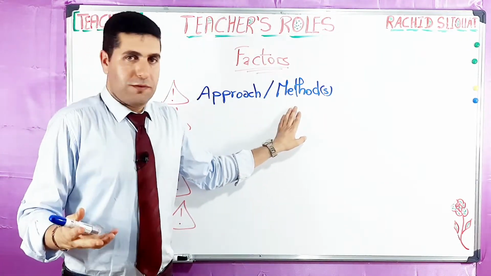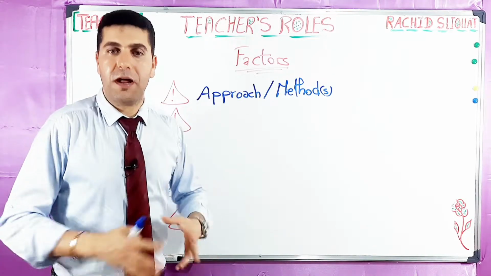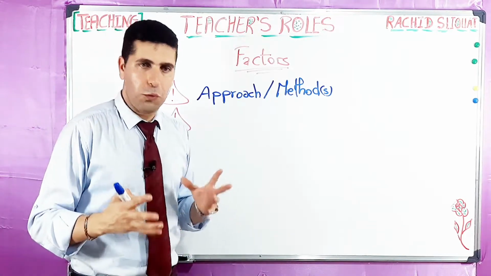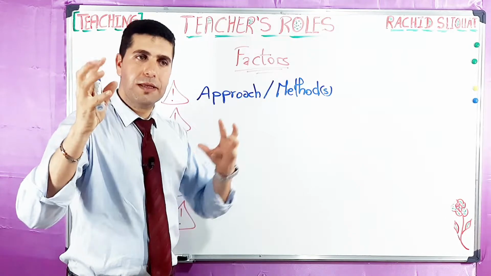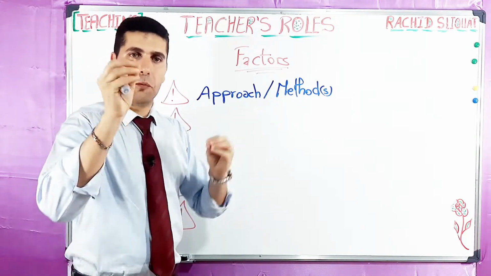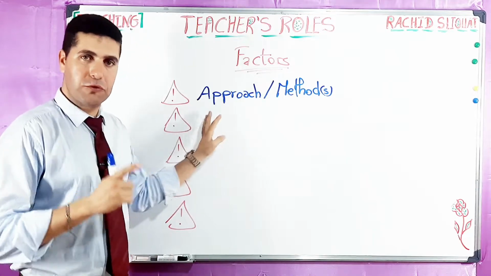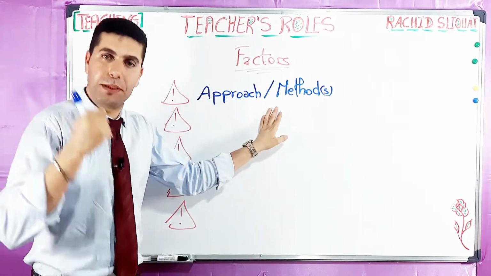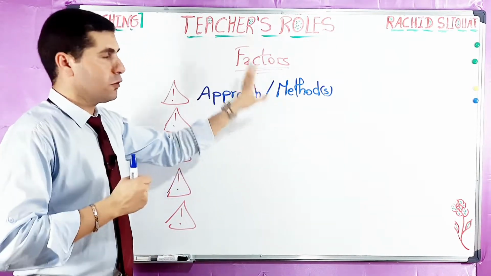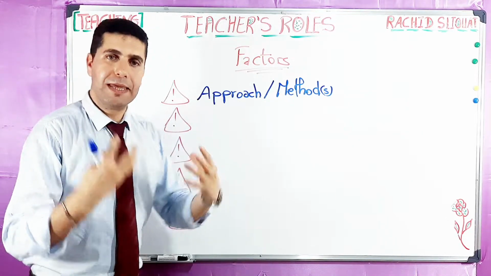If you adopt, for example, eclecticism, you will have a lot of roles, okay? A lot of roles according to what you take from each method. Okay, so this is number one. Approaches and methods play a role in your job in the classroom.